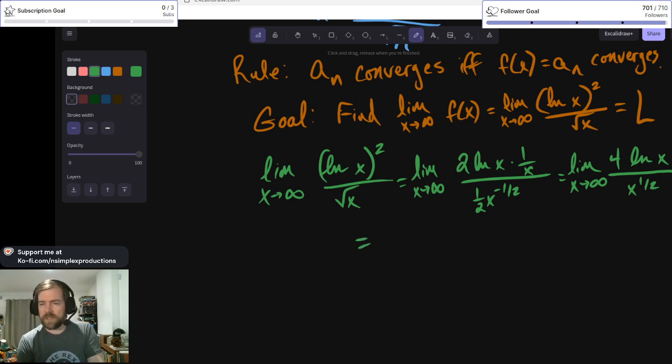So then we take the derivative again, and this is going to be 4 times 1 over x all over, again, 1/2 x to the negative 1/2. Again, multiply both top and bottom by 2x.